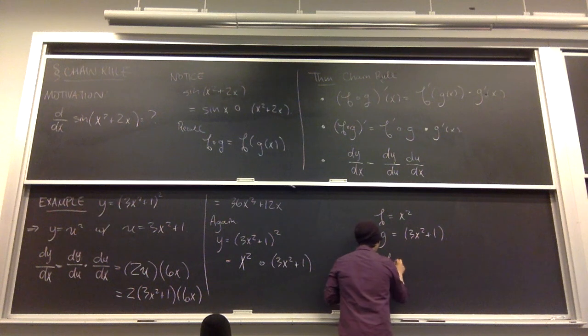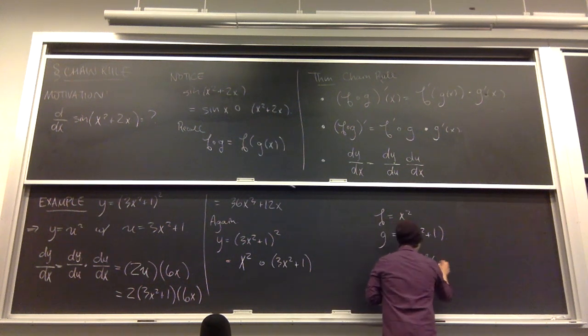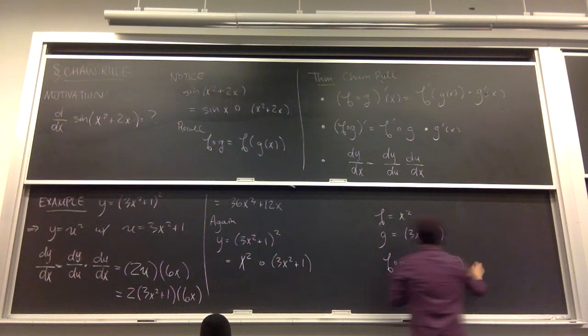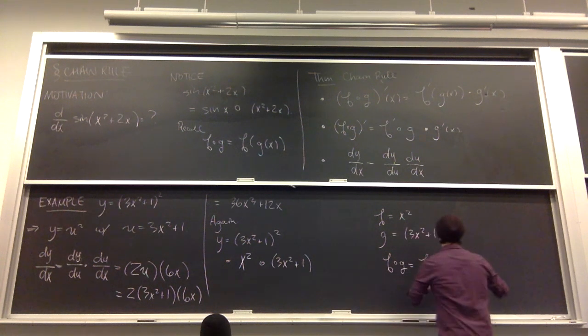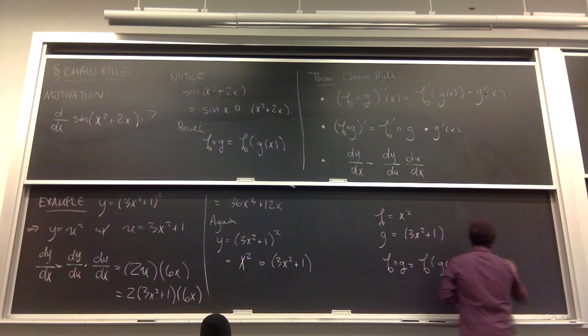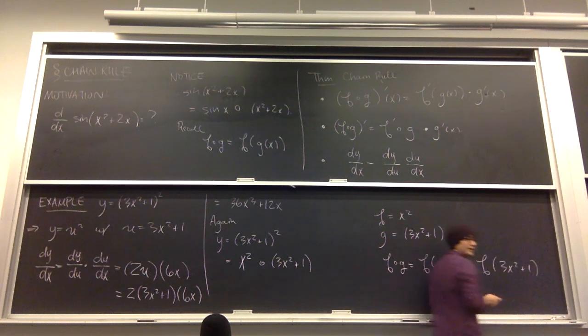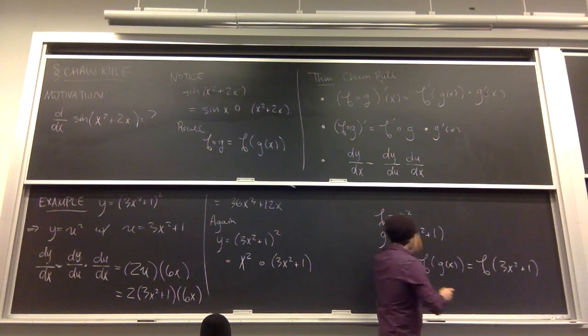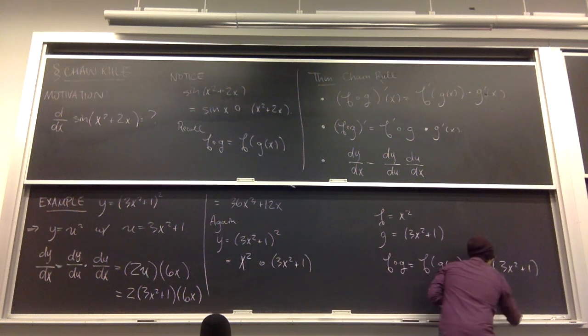Okay, that means f composite g is going to be what? It's going to be f of g of x, which is 3x squared plus 1. And then you take that into f, which is going to give you (3x squared plus 1) squared.